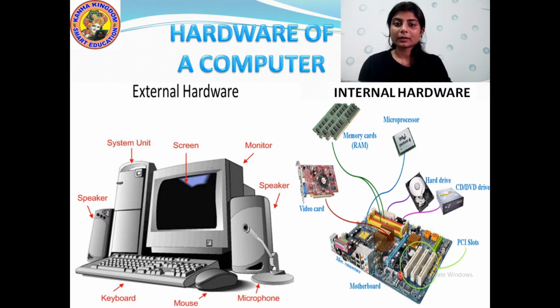Okay? This hardware is seen and it can be touched. So these are the examples of hardware of a computer. External hardware and internal hardware. External means outside the computer. Internal means inside the computer system. Okay?